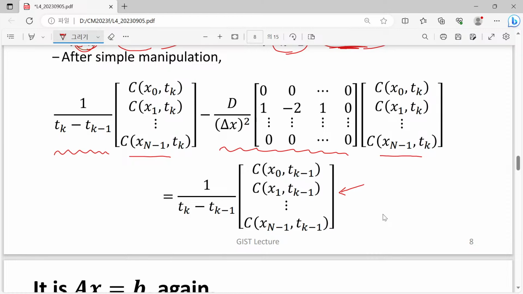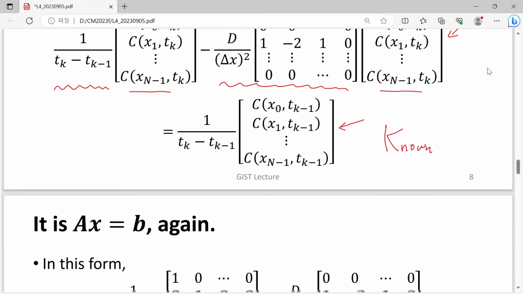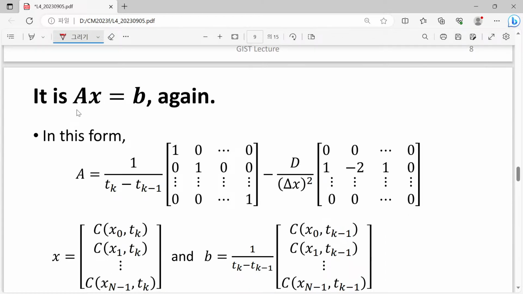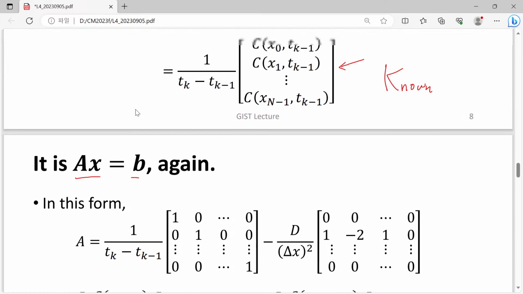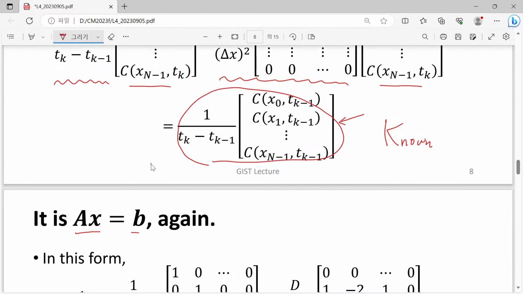Anyway, now you understand your right hand side is known and your left hand side is unknown. So from the right hand side, now you can calculate your left hand side quantity. Then let's go. It can be written in the form of Ax equal to b once again. So how can you do that? This is your b vector.